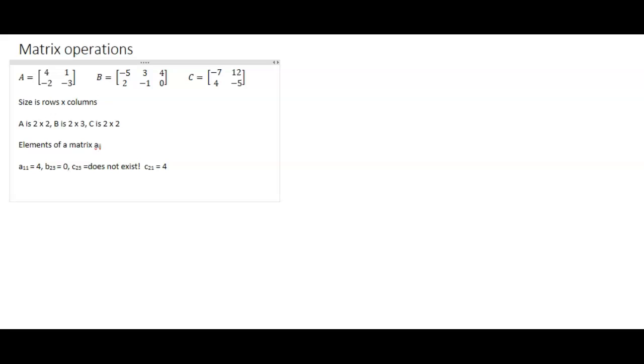We can do operations with matrices. Let's talk addition and subtraction. In order to add or subtract two matrices, they have to be the same size. So I can do A plus C, but I can't do A plus B because they're not the same size.